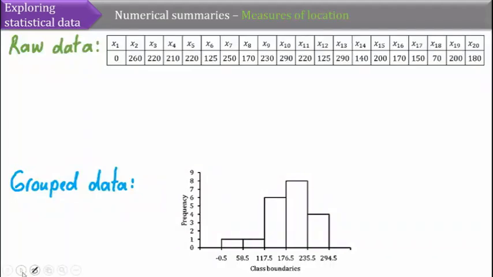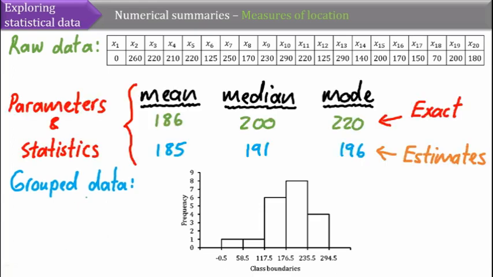Now, if we look graphically at what this means, the three values that we just calculated: we had raw data, doesn't matter whether it's a sample or a population, and we have group data, which of course will just be for a sample. The parameters that we calculate for the population and the statistics that we calculate for the sample were these values.